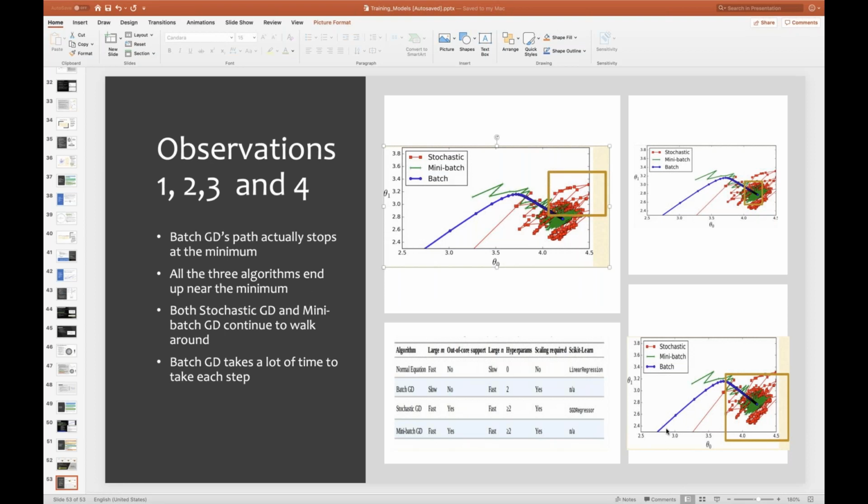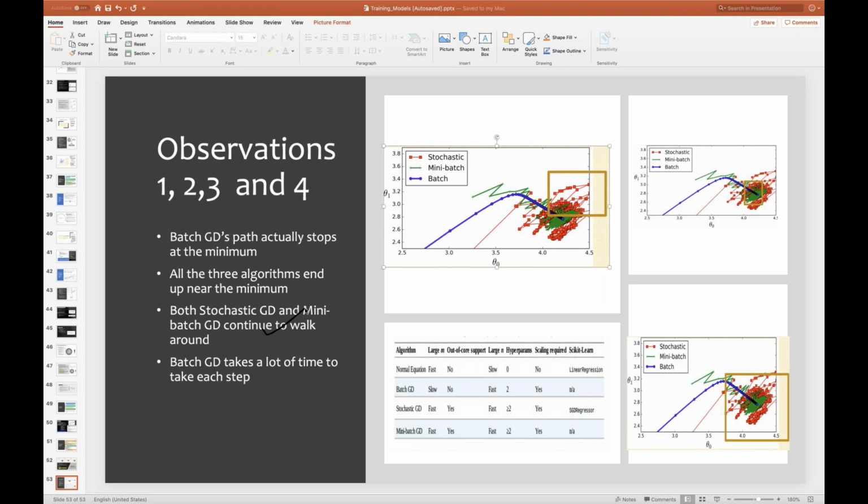Let me go back to the pointer. Okay, now what happens here is both stochastic gradient descent and mini batch gradient descent continue to walk around. Walk around means up and down. Why are they doing it? They are naughty. They just wanted to go and check what happens if I go a little deeper.